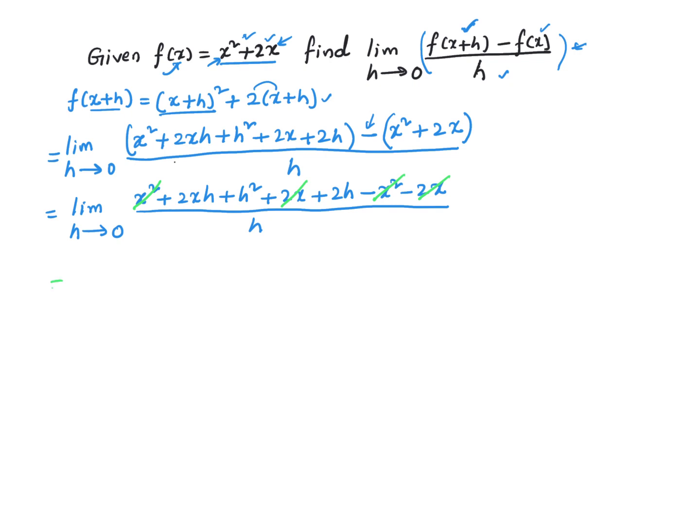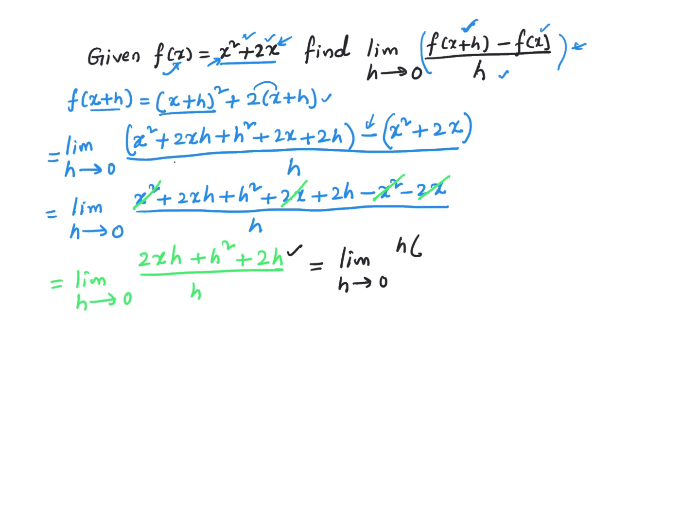Then you're left with the limit as h approaches 0 of 2xh plus h squared plus 2h, all divided by h, which I could simplify even further. From the numerator, I can factor out h.